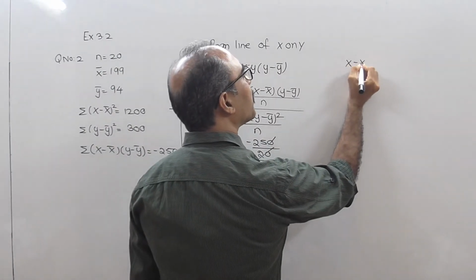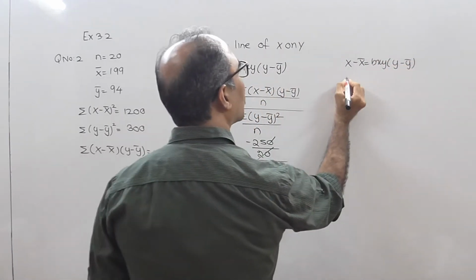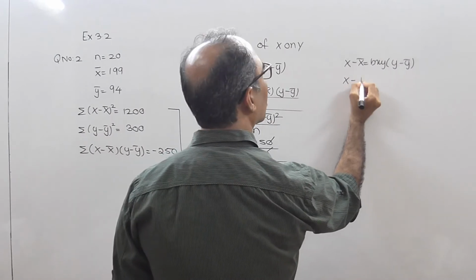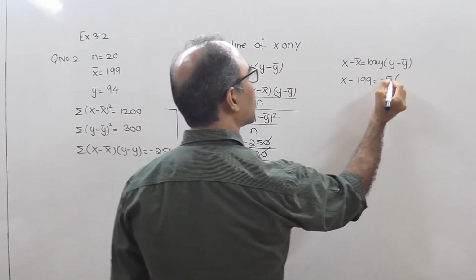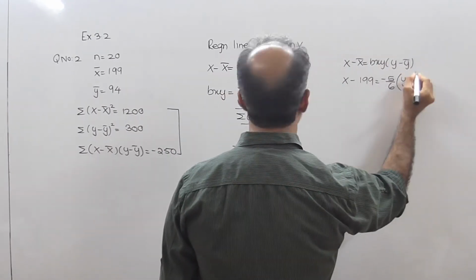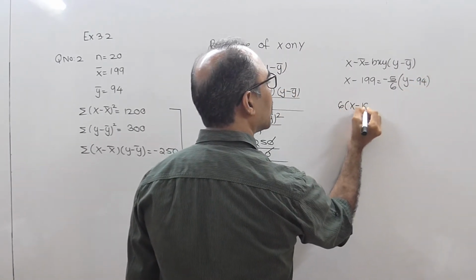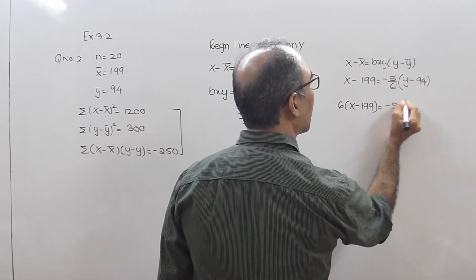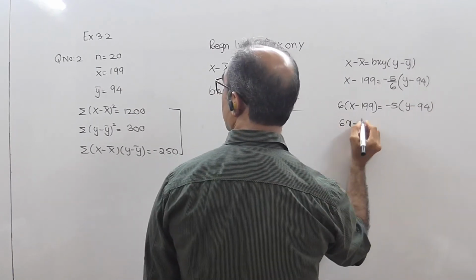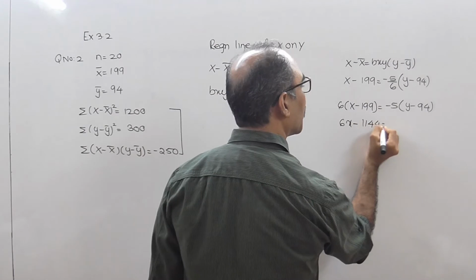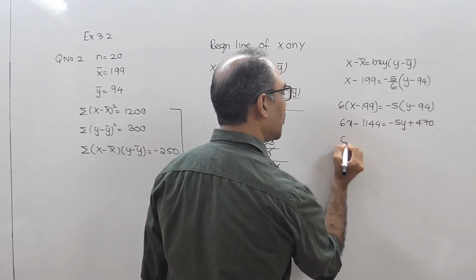So the equation will be x minus x bar equals bxy times (y minus y bar). What is x bar? 199. So x minus 199 equals minus 5 by 6 times (y minus 94). Multiplying by 6, you get 6(x minus 199) equal to minus 5(y minus 94), so 6x minus 1194 equal to minus 5y plus 470.